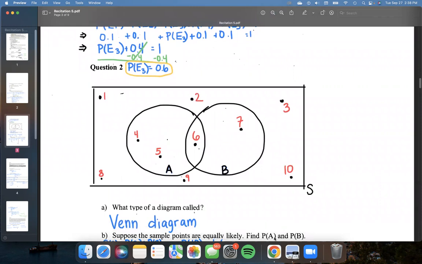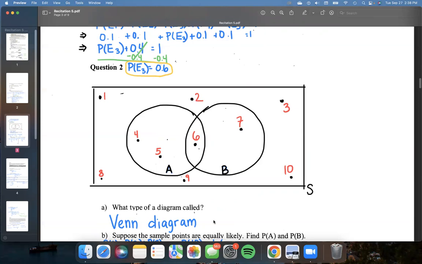We're going to want to find the probability of A and the probability of B. So this circle on the left-hand side is event A. The circle on the right-hand side is event B. And this whole square is our sample space, S.